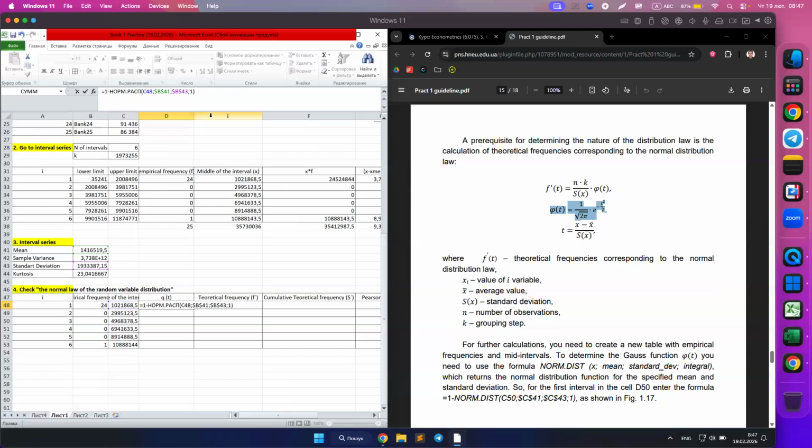So you can see this formula here for phi, and in Excel we can select the normal distribution function. Select this formula, after that press enter and get a value.